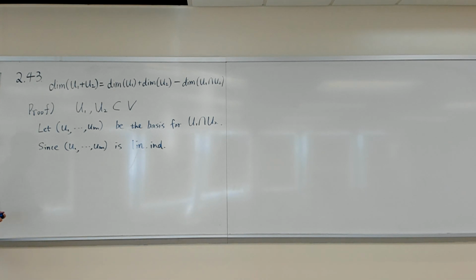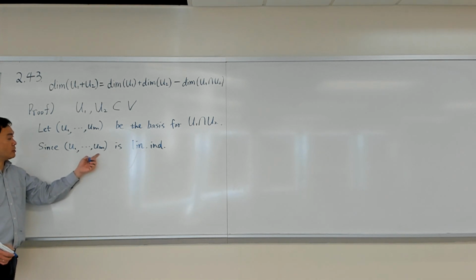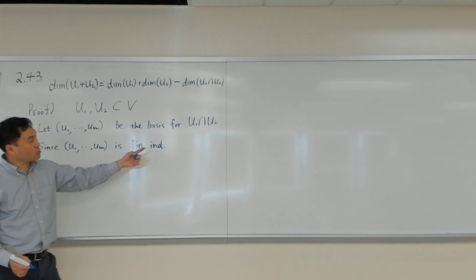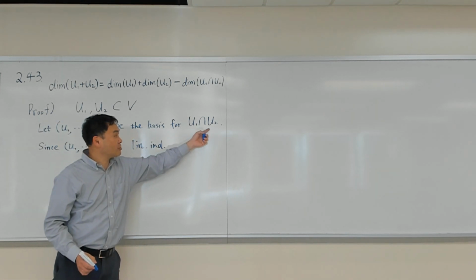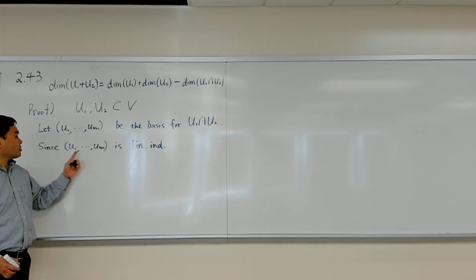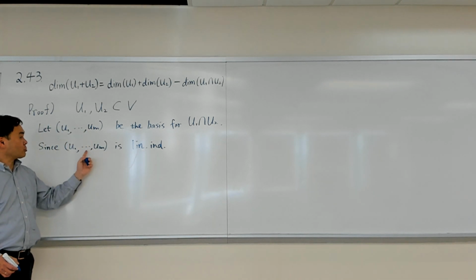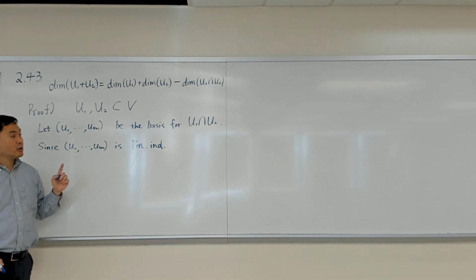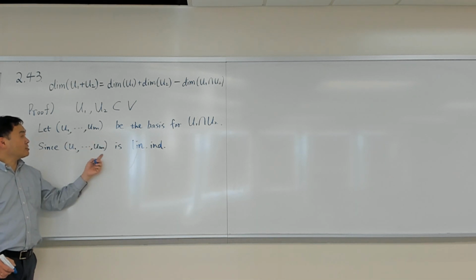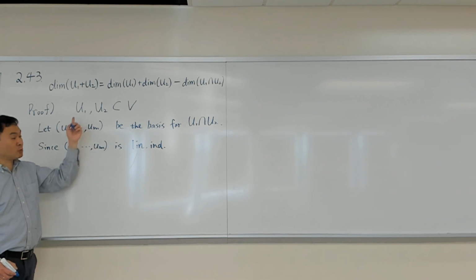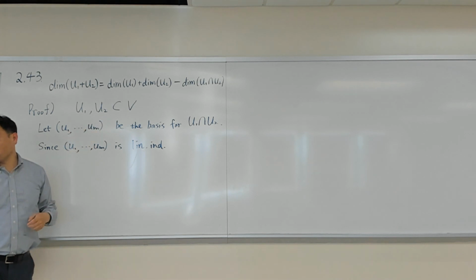So these u1 through um belong to this as a set. These are elements in this set. These are also elements in U1, and these are also elements in U2. And because being a basis means it's linearly independent, this will be linearly independent in U1, and it will also be linearly independent in U2.